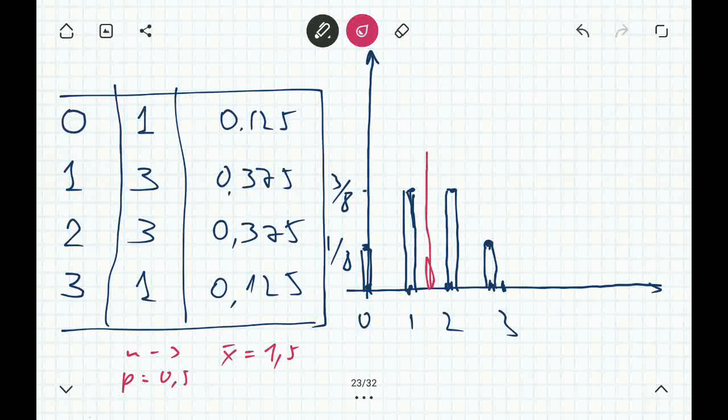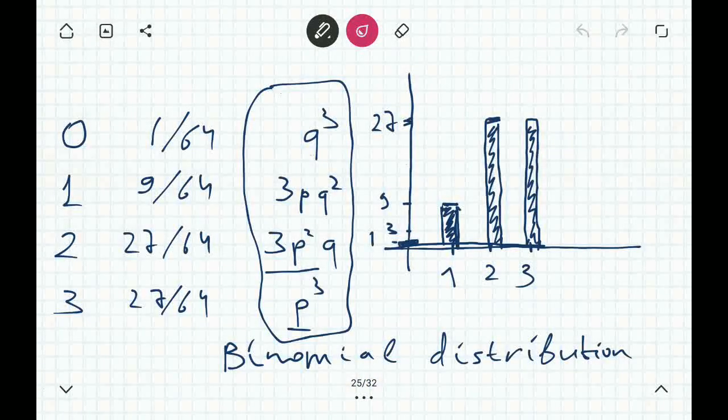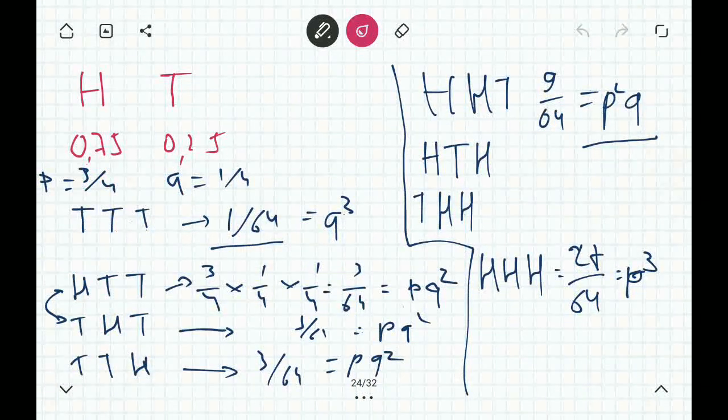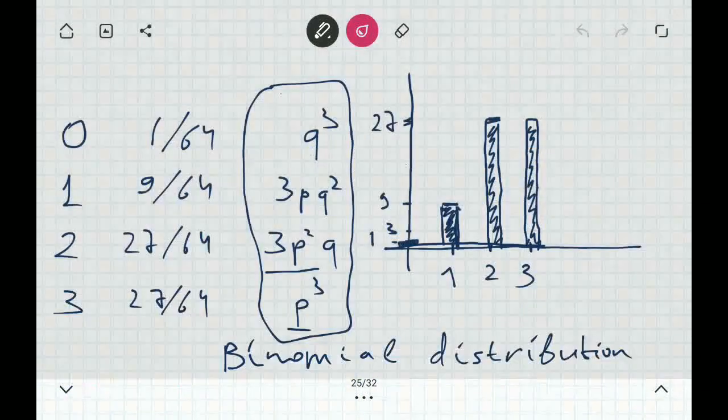For symmetric distributions, mean is usually in the center. So it looks good. Our variance here is 3 times 0.5 times another 0.5, so it will be 0.75. So that's our variance. If we move to the unfair coin, to the asymmetric case, our n is still 3, but p is 0.75 now.